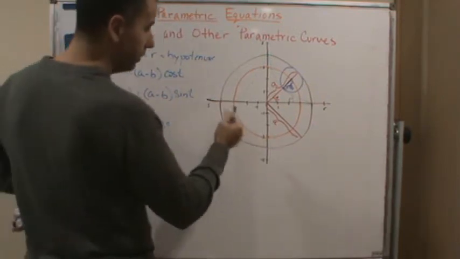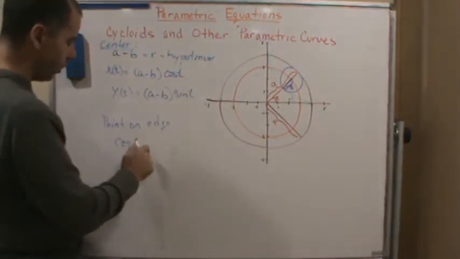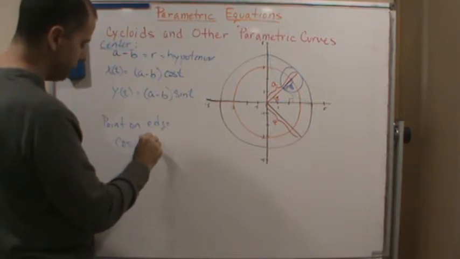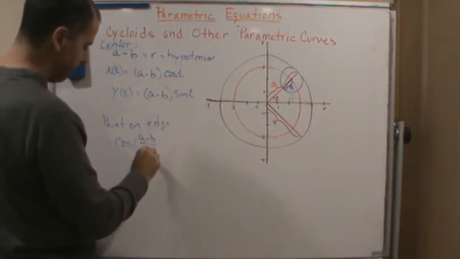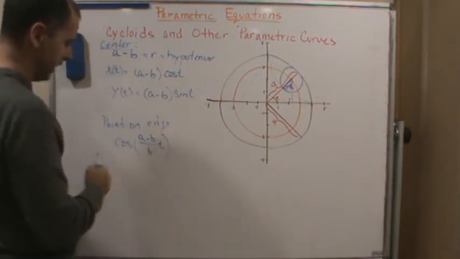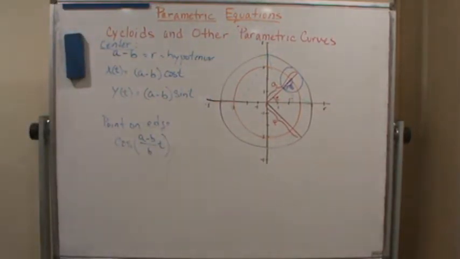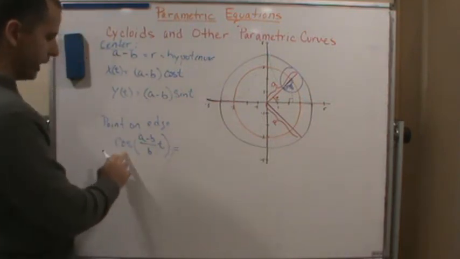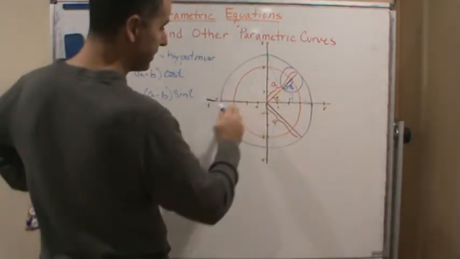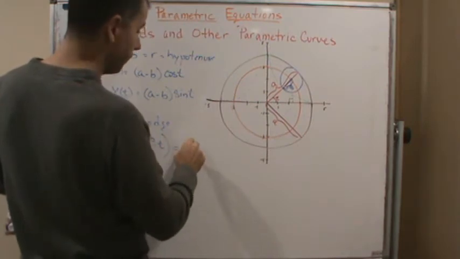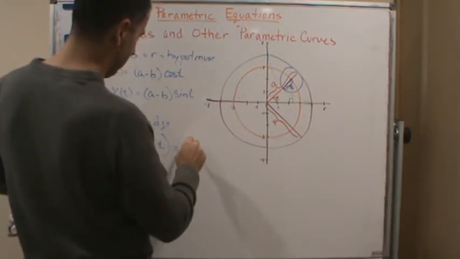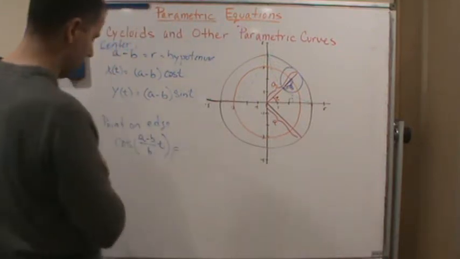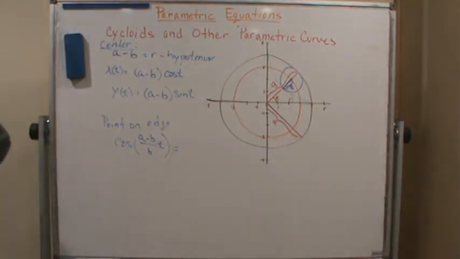Well, the angle is going to be A minus B divided by B times T. Okay, and that's going to equal adjacent over hypotenuse. What's the adjacent going to be?